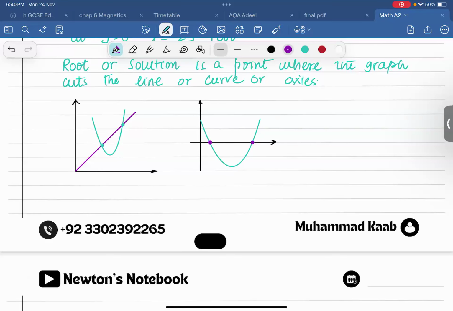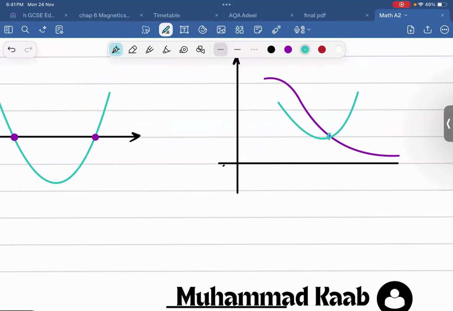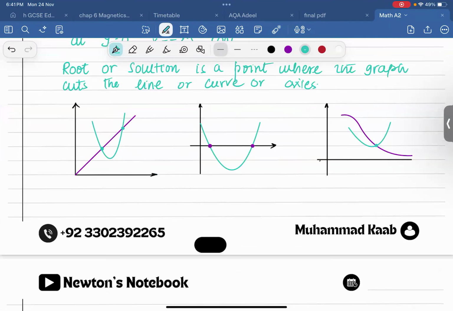There would be one more possibility: if you have a graph with a curve, and you have another curve, the two curves are intersecting at this point. So this is going to be the solution for this graph, right?